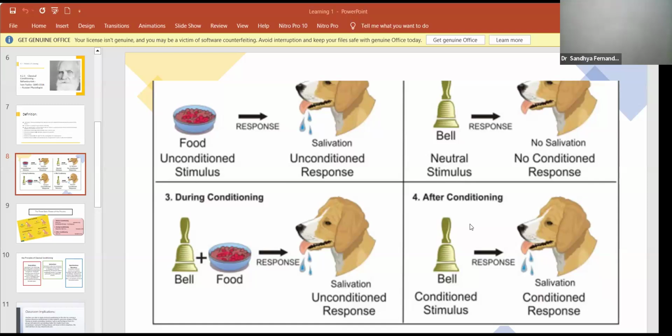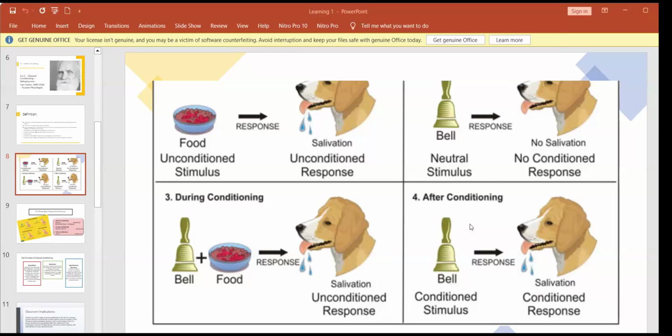Look at the picture and tell. On these slides, you can see that if you did not understand. The natural stimulus is the food. Food. What is the natural response? Unconditioned response, salivating to the food. Okay. And what is the neutral stimulus? No salivation.